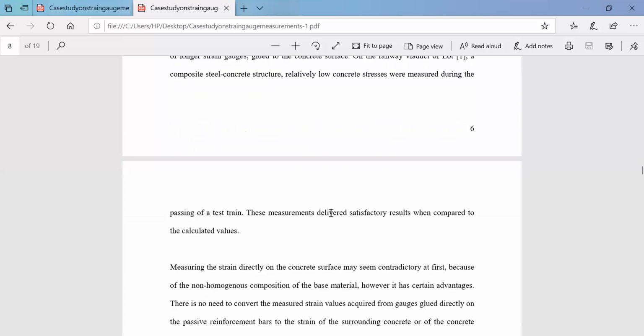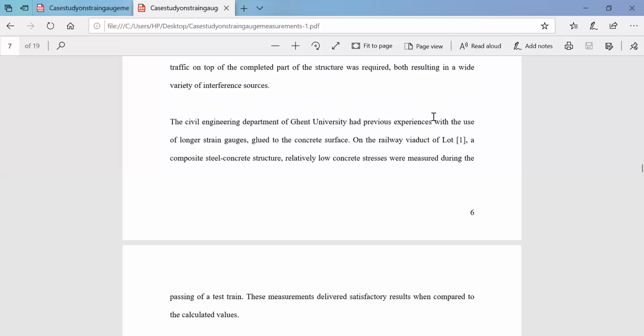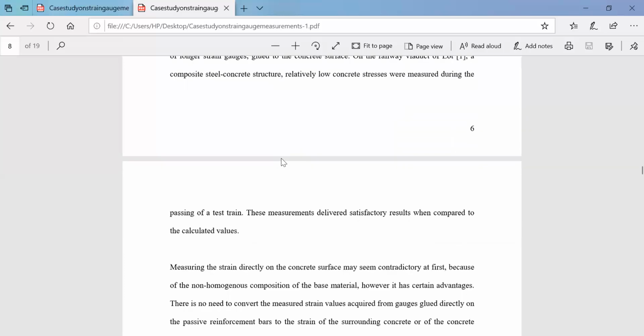These measurements delivered satisfactory results when compared to the calculated values, because this professor had experience working with long strain gauges. So he wanted to use this idea. To check, they trialed composite steel concrete structures, which showed relevant values with respect to the calculated values when they compared.